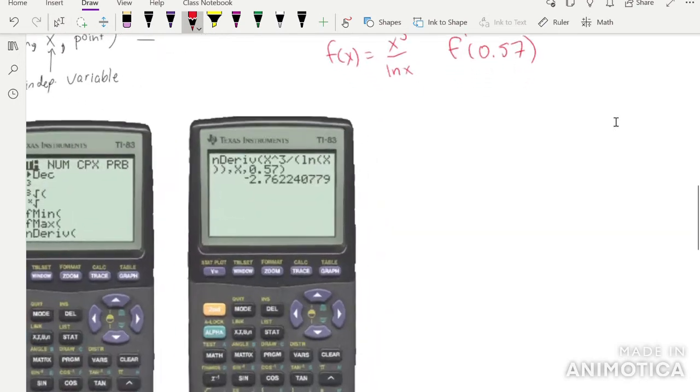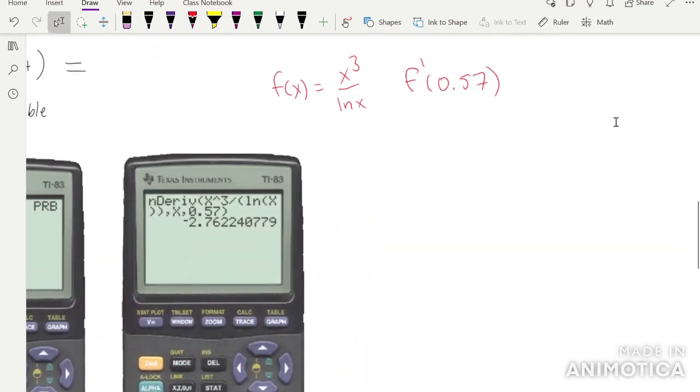So what we type in is nderiv, x power 3 divided by, and I like to open up brackets just to make sure I'm including everything, ln of x, so this is all being divided, comma, here's my variable x, comma, 0.57, and then I click equals, and it gives me the same value that you saw in your video.